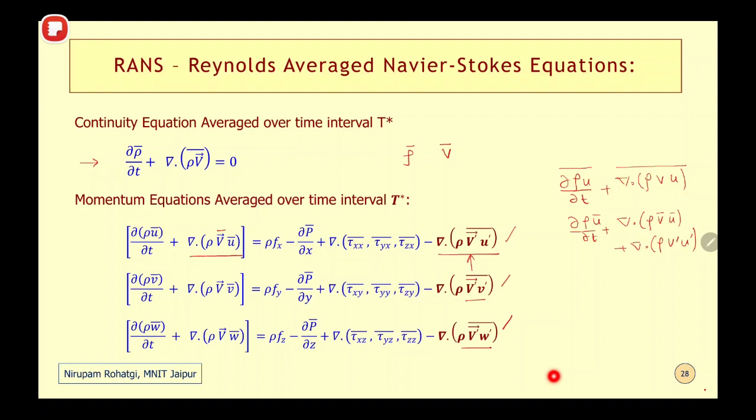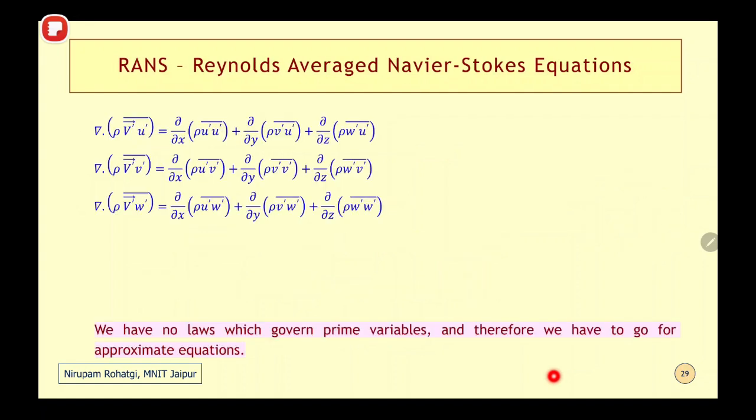Instantaneous velocity has been replaced by what? Average velocity and prime velocity. So now these 9 terms are the terms which come here. There are 9 different variables, or at least you can say 3 different variables are there.